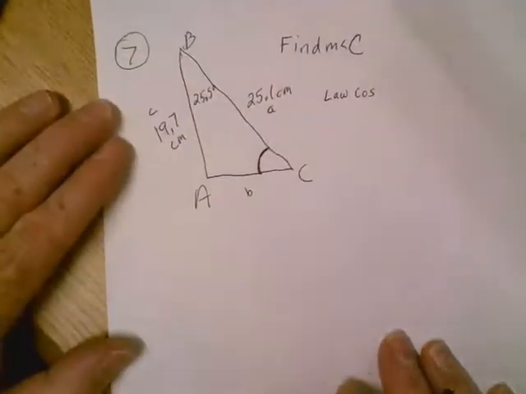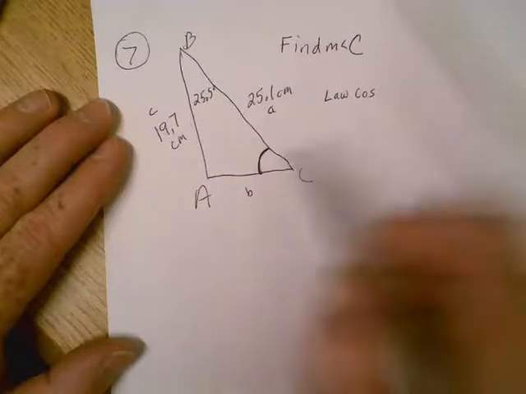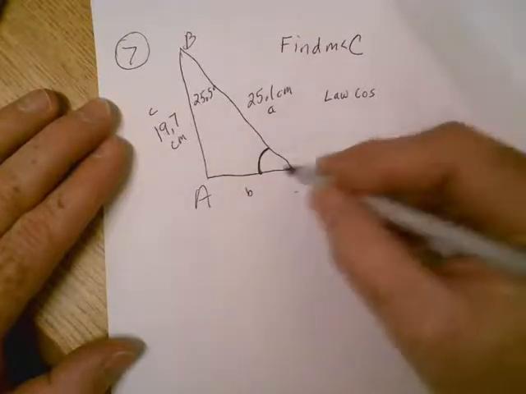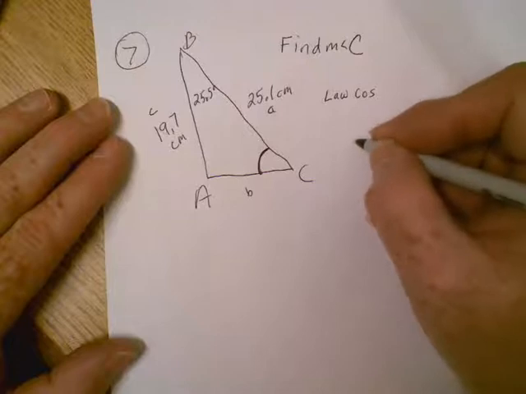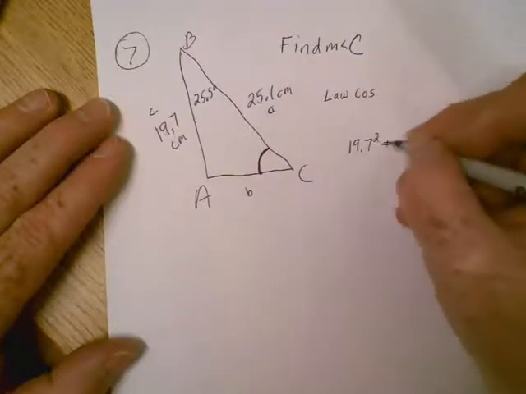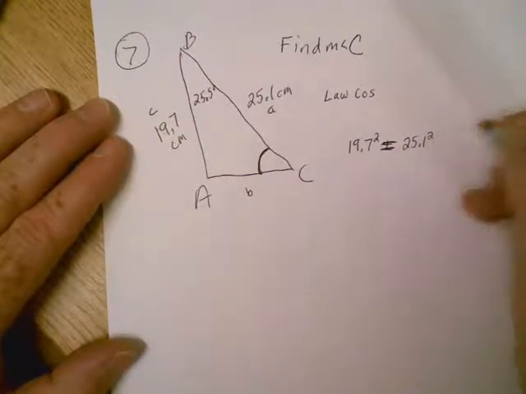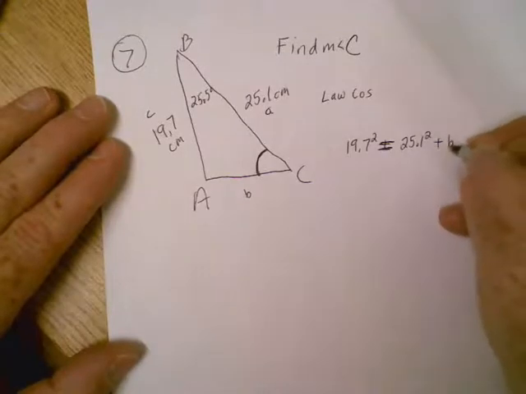This one's a little tougher than some of the others because we can't find angle C directly. If we try to set up the law of cosines using angle C, it's going to look like this: 19.7 squared equals little a squared, which is 25.1, plus little b squared.